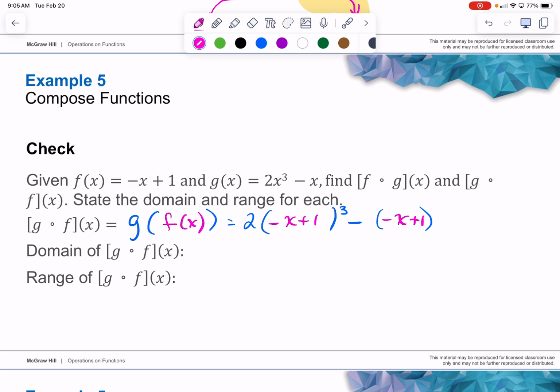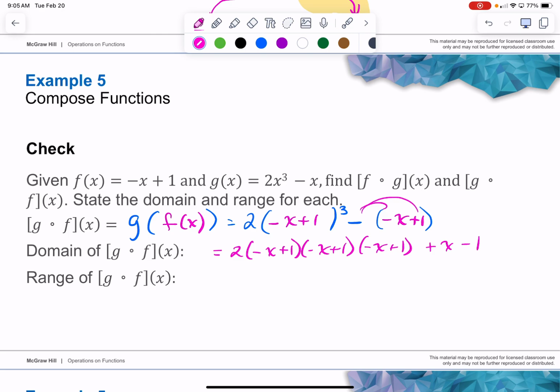They're actually going to want you to cube negative x plus 1, which means you've got 2 times negative x plus 1 times negative x plus 1 times negative x plus 1, and then plus x minus 1 after we distribute that.